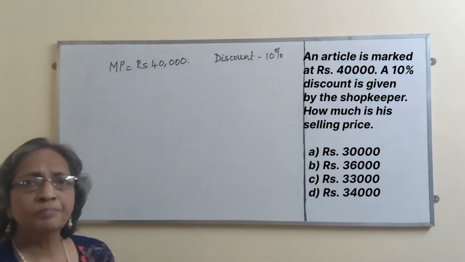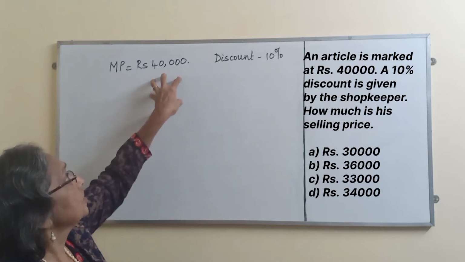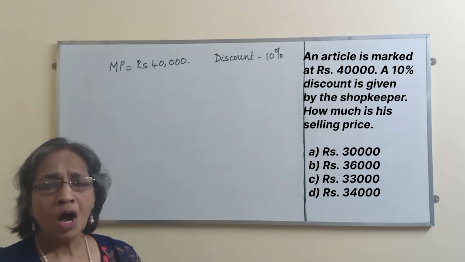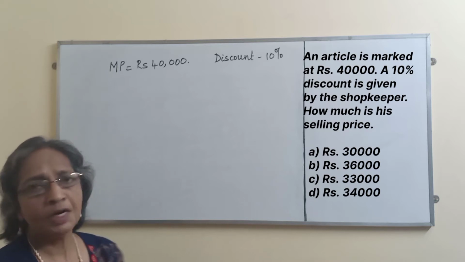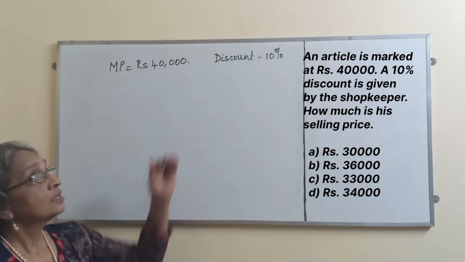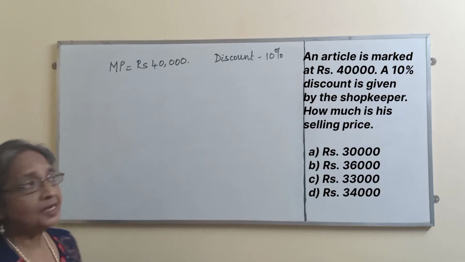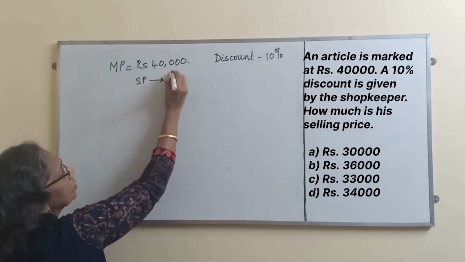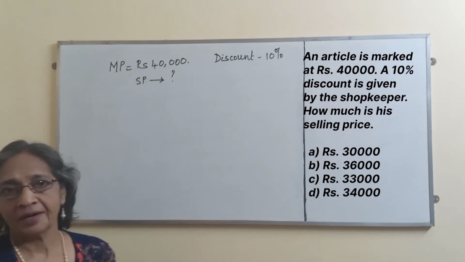Now, this is a very simple problem. On the 40,000, he gets a discount of 10%. So, how much would a customer pay for it? Or, how much would the shopkeeper sell it for? So, let's say selling price of the shopkeeper is what we need to find.